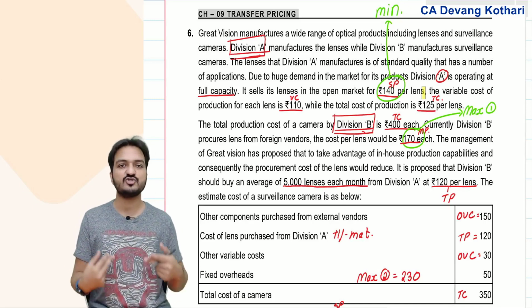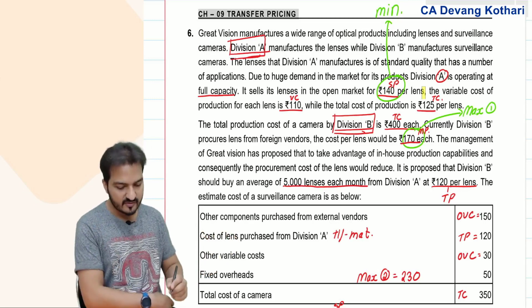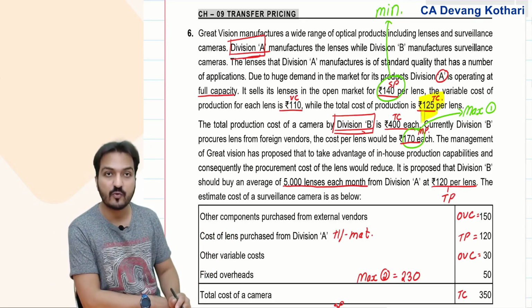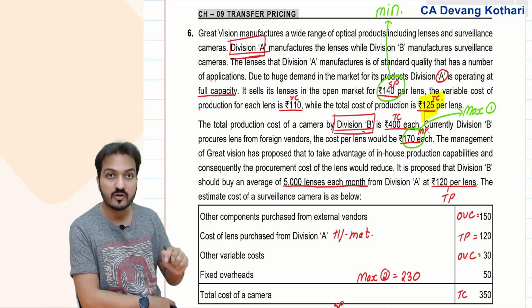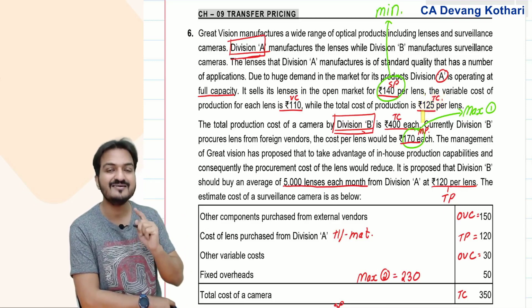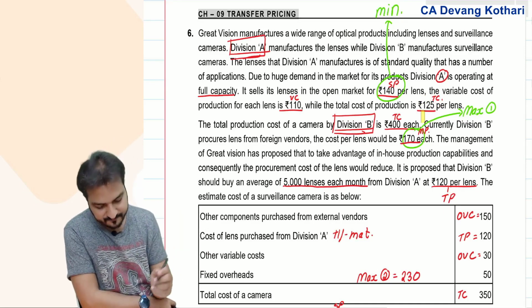Fixed cost is always assumed as common cost of the company. But whenever such total cost is given in the question, then remember, you can use this total cost to calculate return on investment, ROI. We'll see.